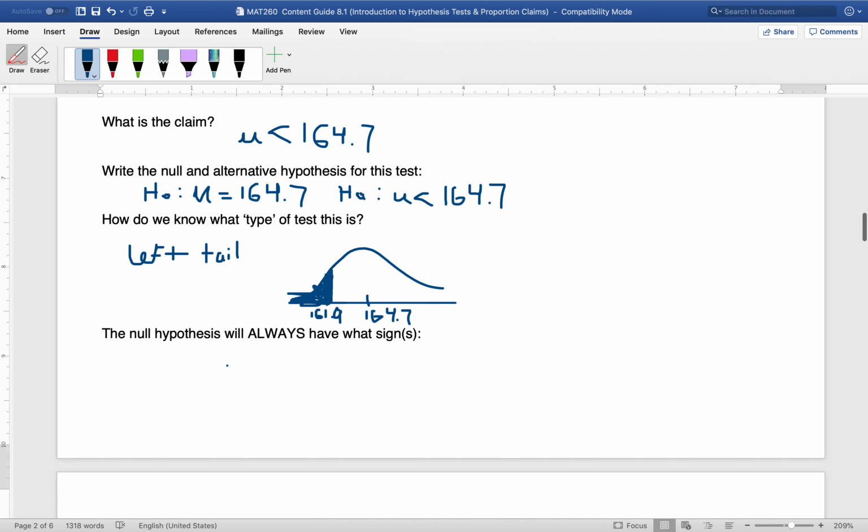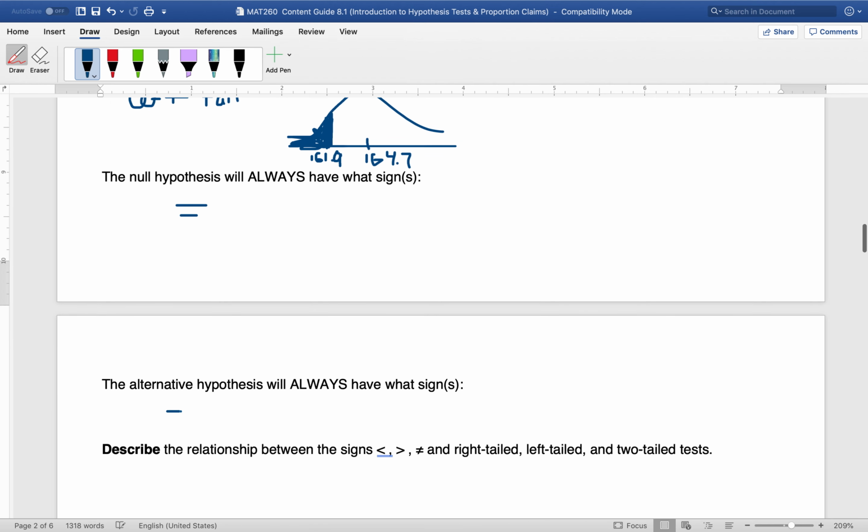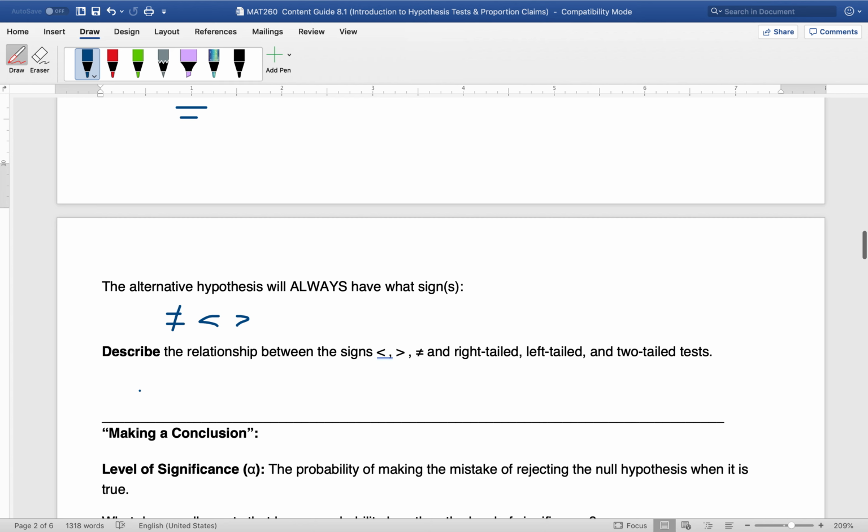So to sum things up, the null hypothesis will always have an equal sign. The alternative hypothesis could have not equal, less than, or greater than. And remember, our less than is the left-tailed test. So we're looking at this section down here. So that's left.